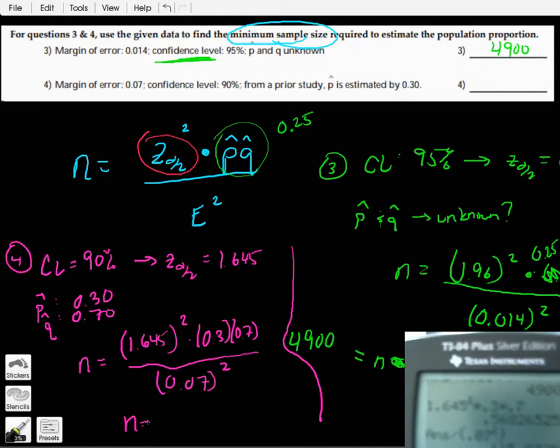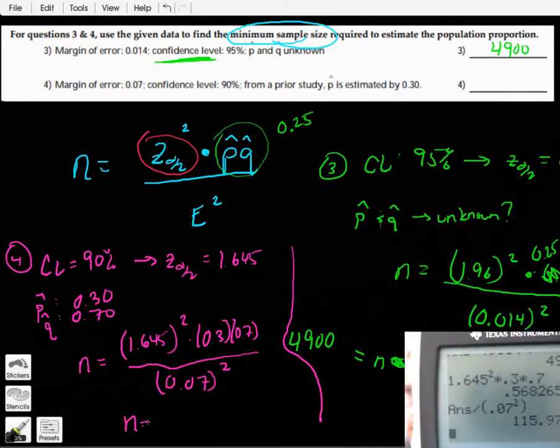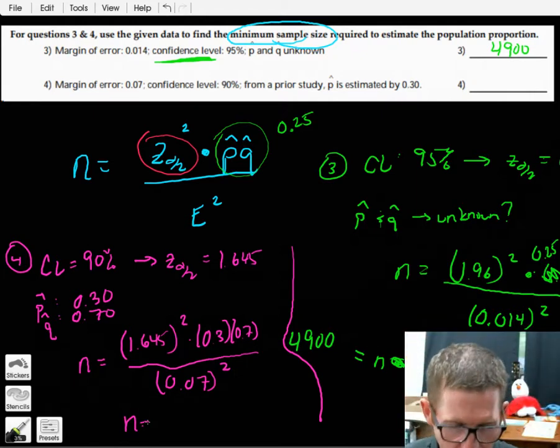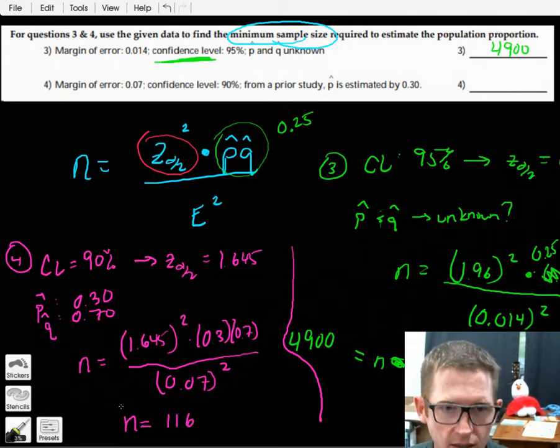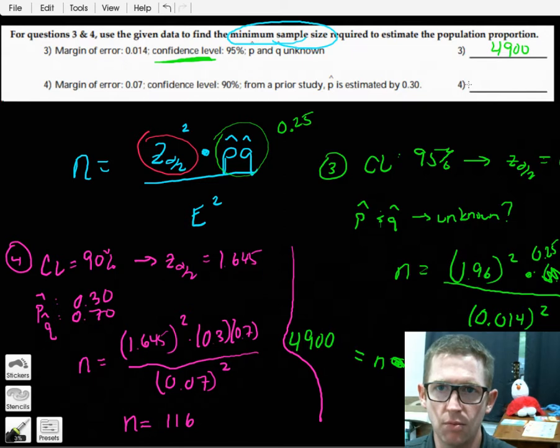I get 115. We're doing sample size, so you round that up because it's 115.9. So 116, the minimum sample size for number 4, numero quattro.